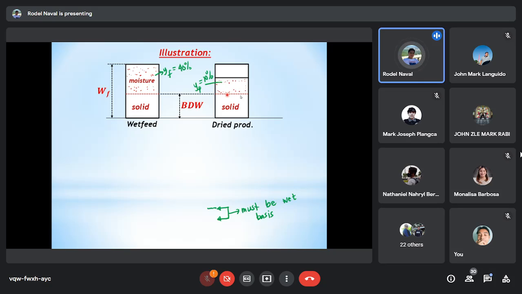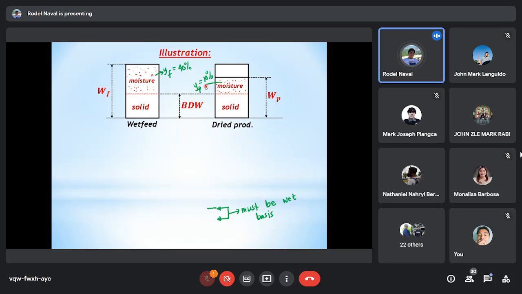Okay. This now is our moisture in the product. The moisture in the product is small. For example, class, the moisture is 10% of the weight of the product, in terms of weight of the product. So therefore, the solid is 90% of the weight of the product. So WP times quantity 1 minus YP.